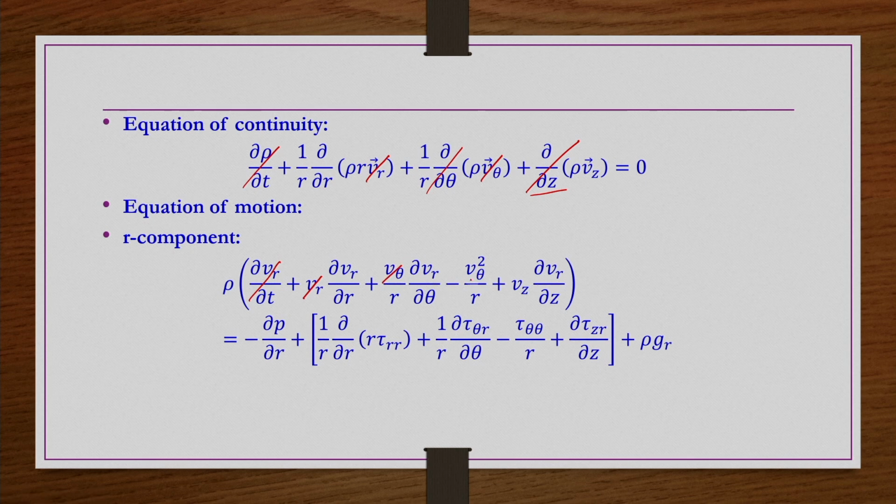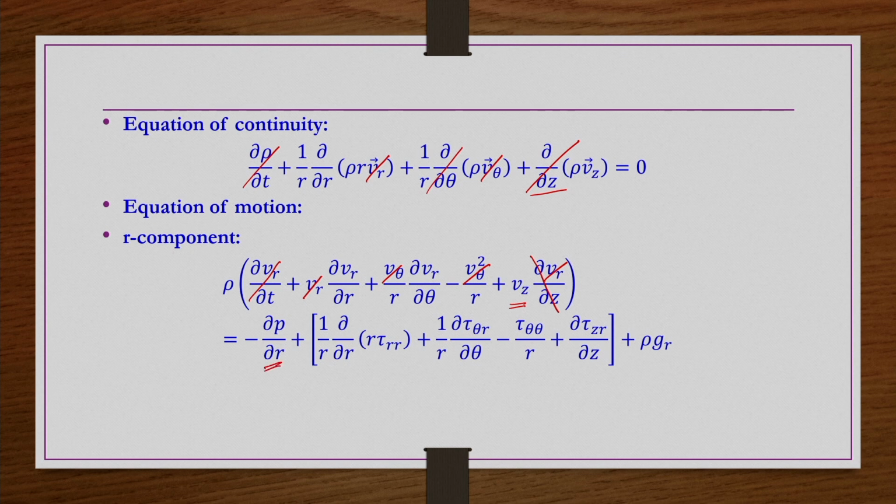Now for the r component of the momentum equation, steady state, you cancel out the first term. Vr is 0, V theta is 0, so all these terms are 0, the first 4 terms are now cancelled out. Vz is not 0, it is a function of r, but Vr is 0, so that term is also 0, the last term in the LHS is cancelled out, and because of the fully developed flow we can cancel out the last term too.